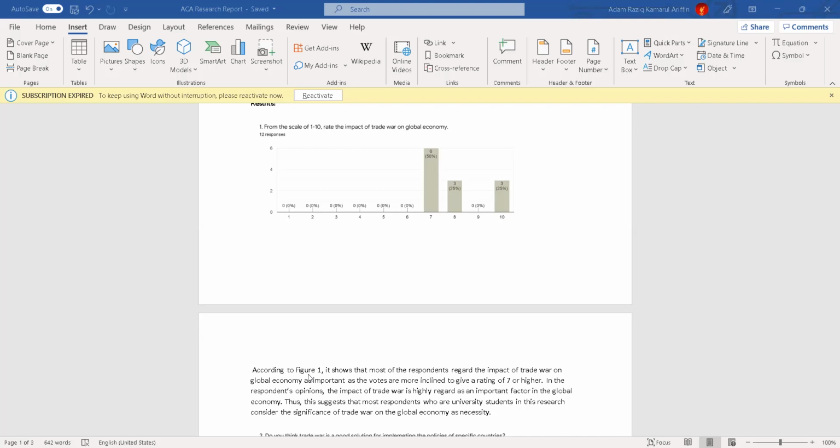Maybe 50% male, 50% female, and all between the age group of, let's say, 18 to 24. You need to show the statistics of the respondents first. That is important, and then you can come to the main questions.